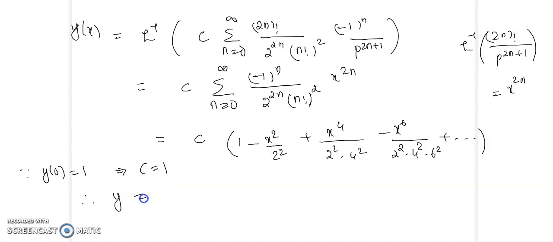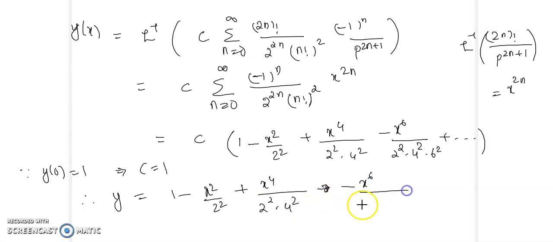Therefore y equal to 1 minus x square by 2 square plus x raised to 4 by 2 square into 4 square minus x raised to 6 by 2 square into 4 square into 6 square plus etc. is the required solution. So this is how we obtain the solution using the previous property we have seen.